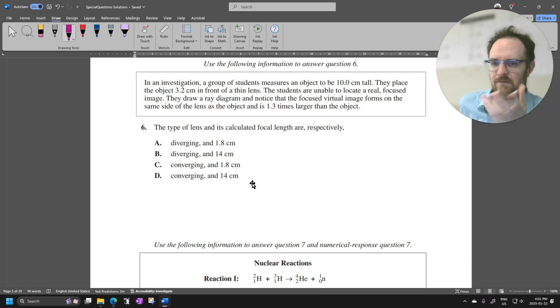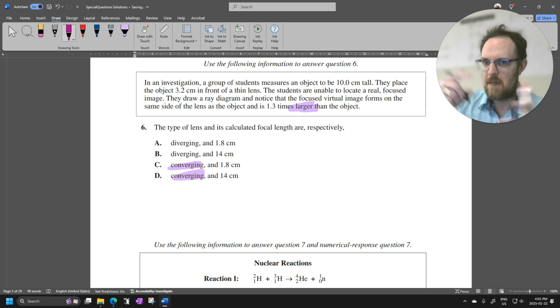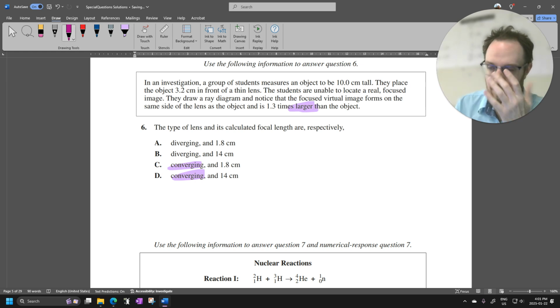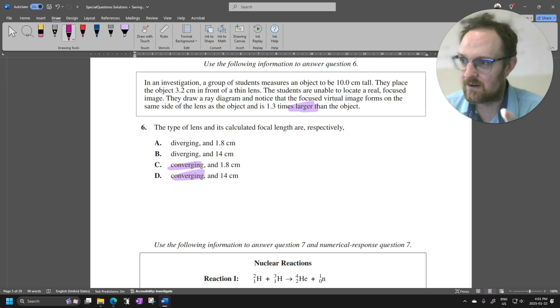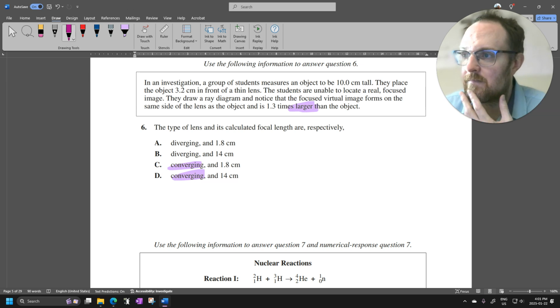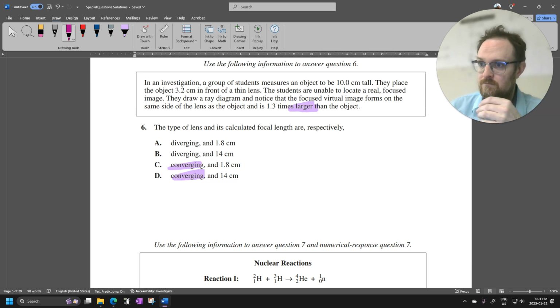So it can't be diverging, because remember, in diverging it's always diminished, right? So this is larger, right? It's larger. It's not going to be diverging. It's got to be converging, right? Just how it works out, right? But there are ways to find that out, right? It's virtual. It's larger.